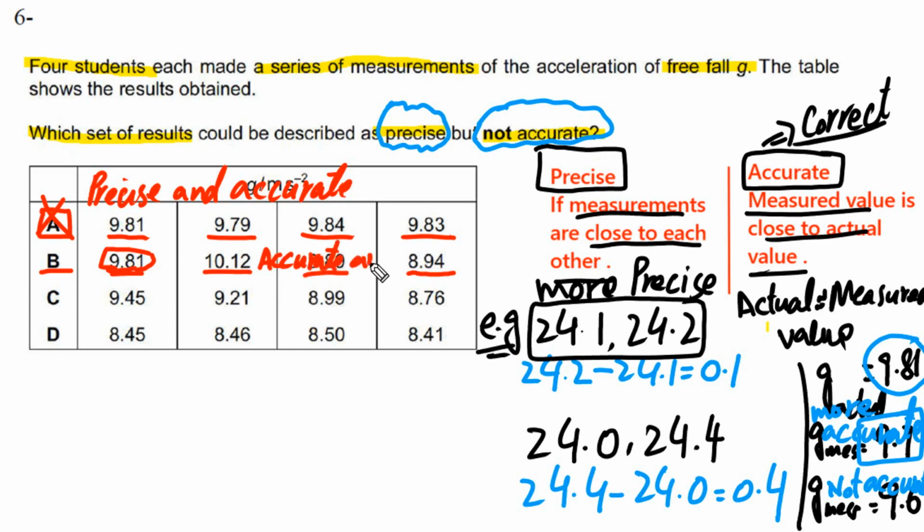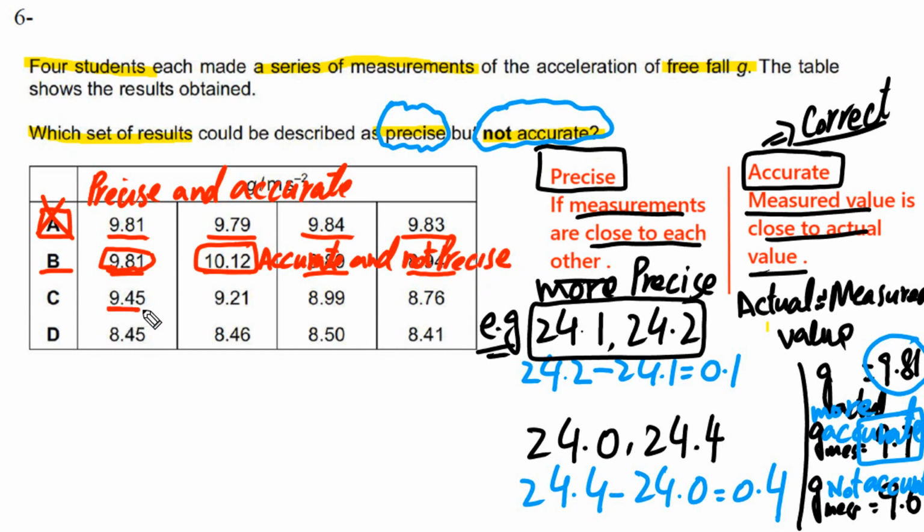And as the values are away from each other, you can see the difference between 10.12 and the smallest one, 9.81, so it is not precise. It can be accurate, but it is not precise.